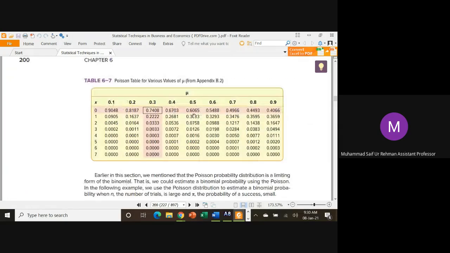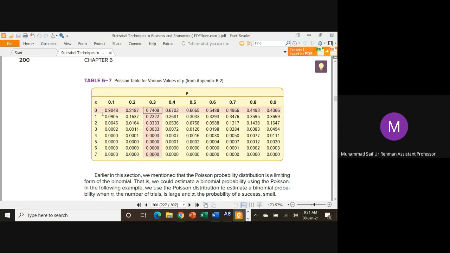For the same question, this is a table that you can use to write down the probabilities. As we used a table in the case of the binomial probability distribution, there is another table in your book regarding the Poisson probability distribution, and this is a short form or a glimpse from that table.